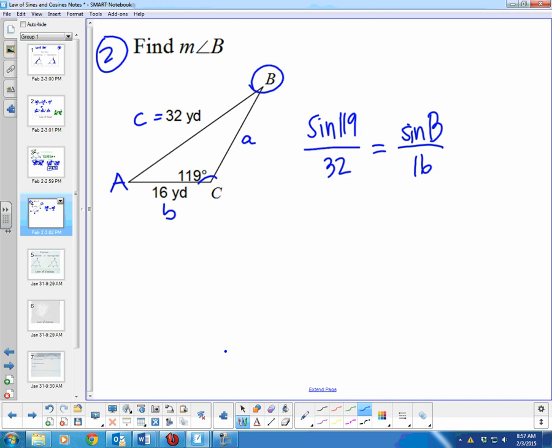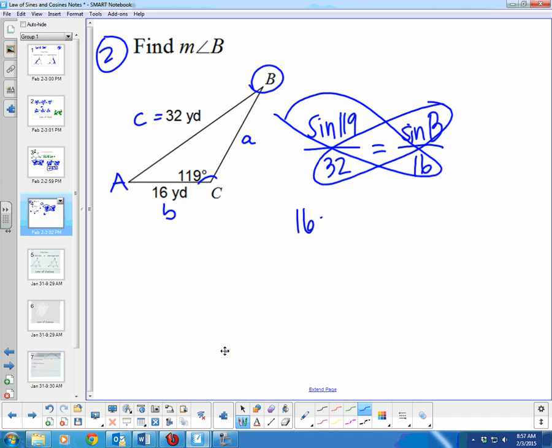So now we can cross multiply. If we cross multiply, we'll get 16 times what? Sine 119 equals 32 sine of B, which means we're going to actually be dividing by the 32.